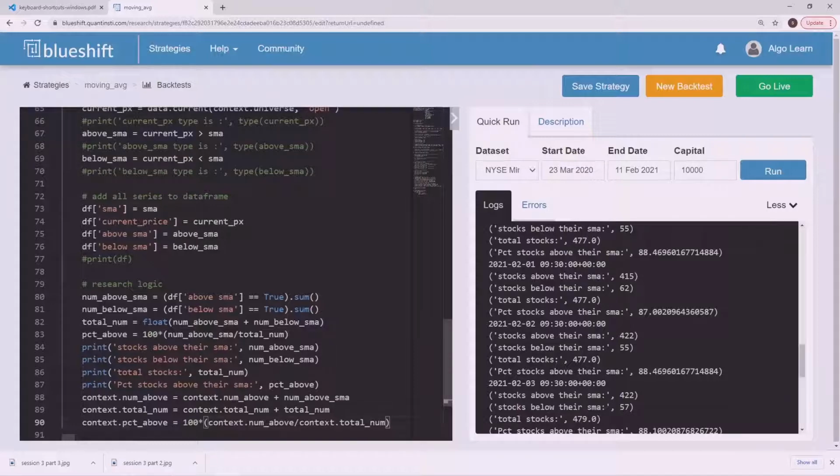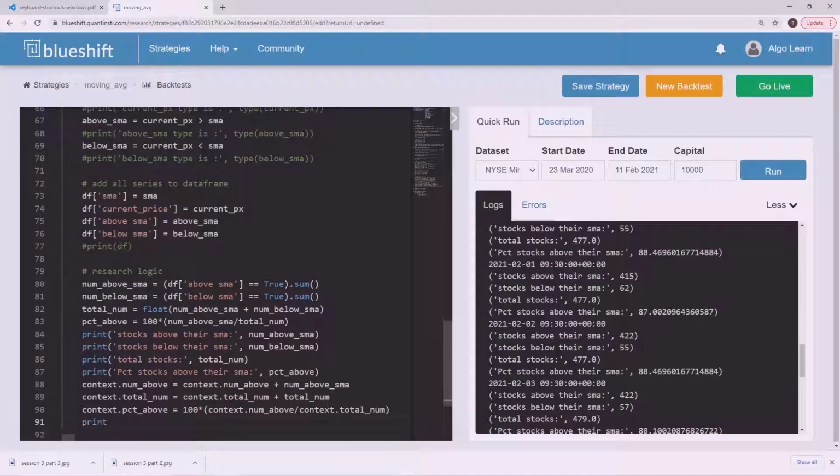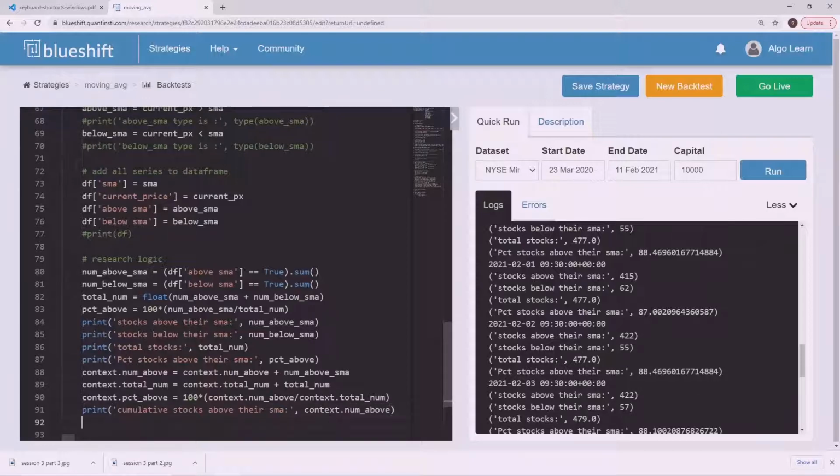Let's go ahead and print those out. Cumulative stocks above their SMA, 200-day moving average. So we'll deal with the context. This is our running total of number above.